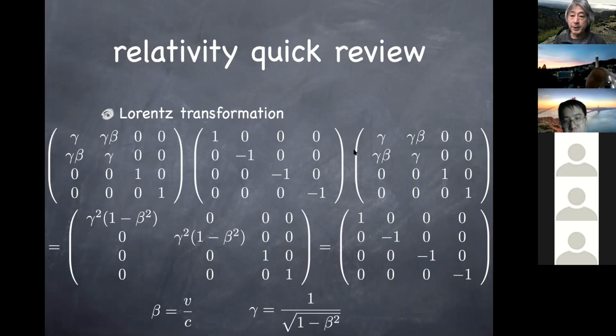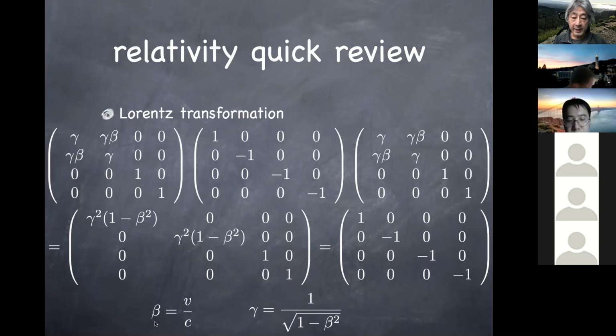And just by explicitly writing out the product of these matrices, you find this combination. So you find a condition that this is a proper Lorentz transformation when gamma and beta are related in this way. And beta has this meaning of the velocity over c between two reference frames.